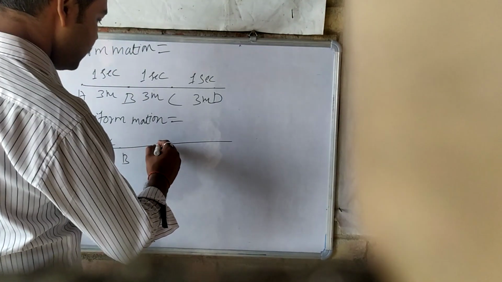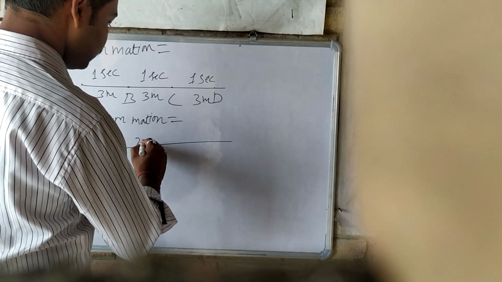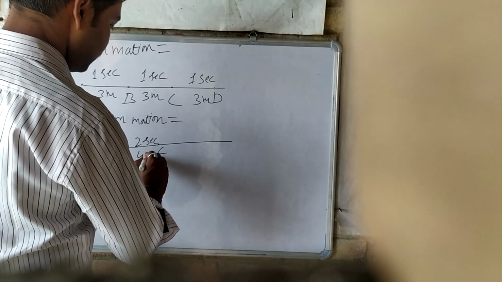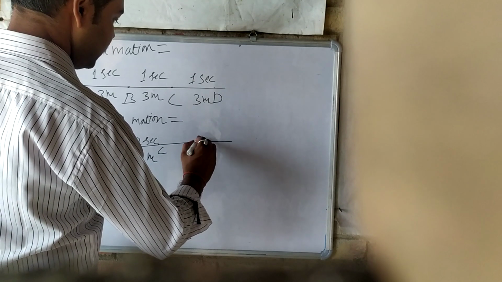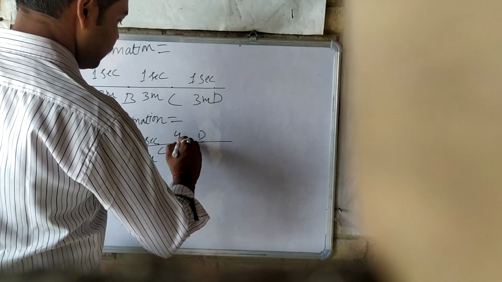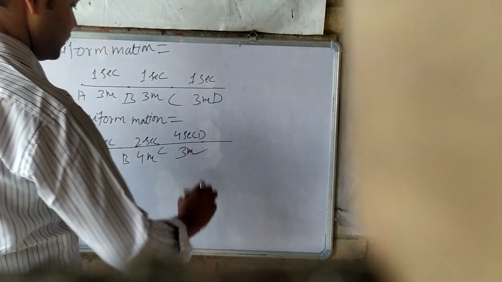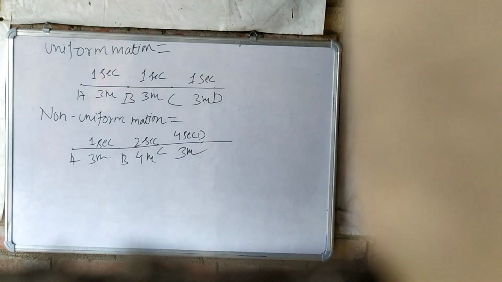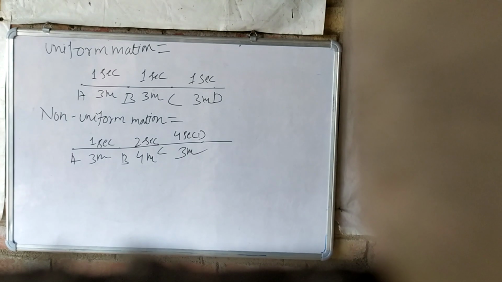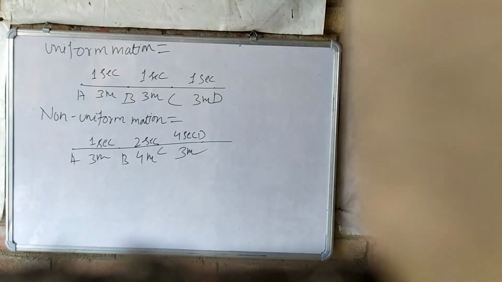Then from B to C, in 2 seconds we can cover 4 meters. Then from C to D, 4 seconds, again 3 meters you can see. So here we are not covering equal distance in equal interval of time. So this kind of motion we can say is a non-uniform motion.